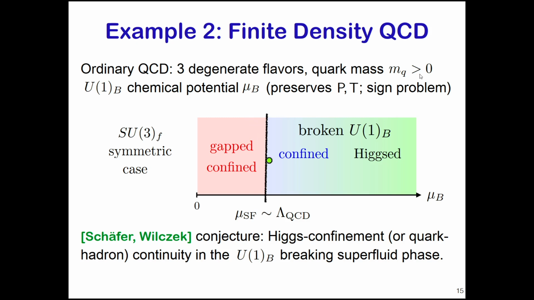And this happens at sufficiently low densities that you should call it a confined regime. And then it extends all the way to a Higgs regime, which I'll review. And this whole phase here has U(1) baryon broken. Now, Schäfer and Wilczek in the 90s proposed that this is an example of Higgs-confinement continuity, and that in this baryon superfluid phase, there shouldn't be any additional phase transitions.